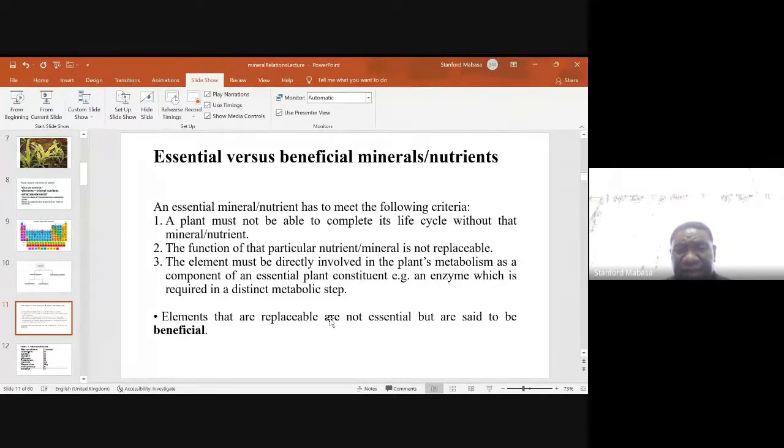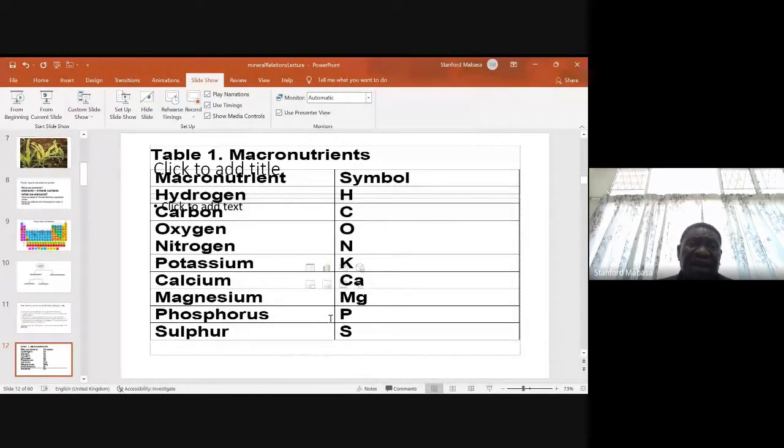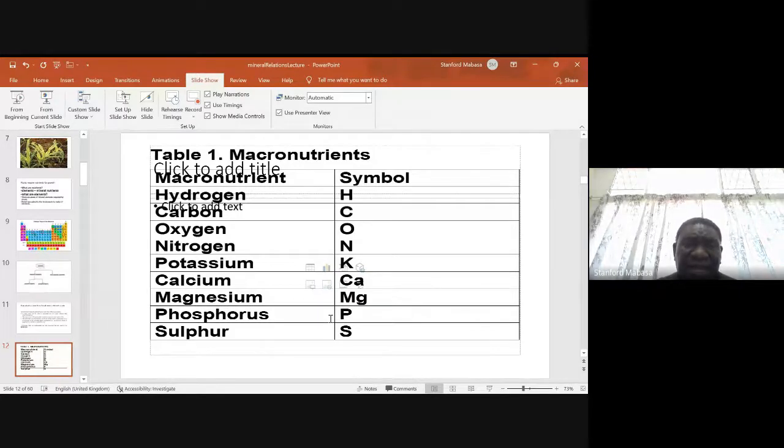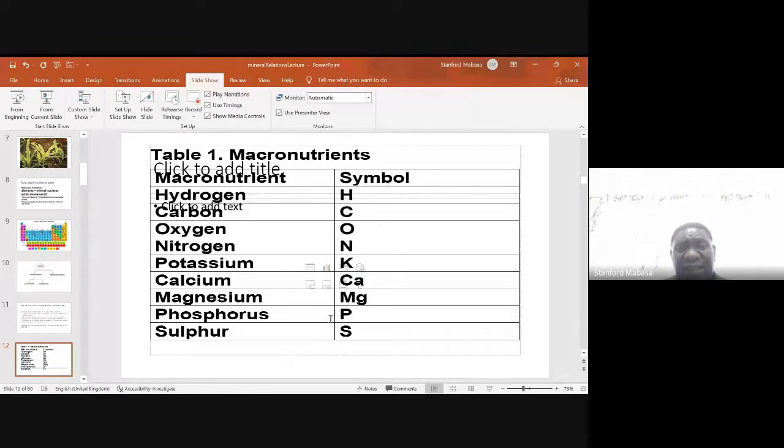So elements that are replaceable are not essential, but are said probably to be beneficial. Now, starting with the macronutrients or elements, these are the essential elements. Number one, we've got hydrogen, which can be obtained from water.